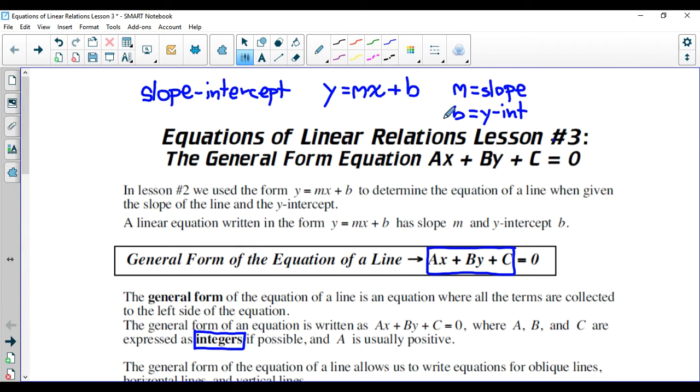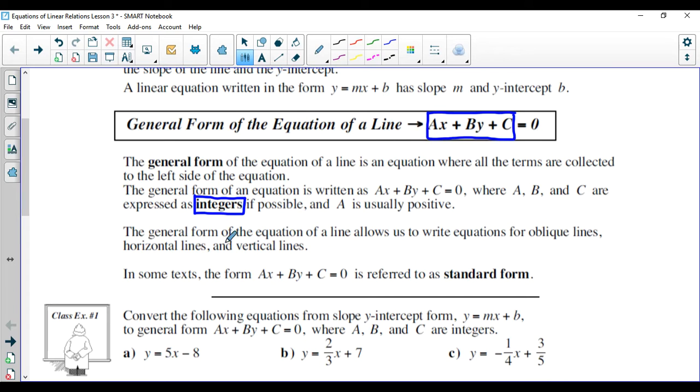This is a little different from the y equals mx plus b format, where we could have an equation like y equals -3 over 4 x plus 7 over 2, in which case the coefficient attached to the x is a fraction, -3 over 4, and the y-intercept is also a fraction, 7 over 2. However, for the form ax plus by plus c, we want the numbers in front of x and y and the constant to always be integers.